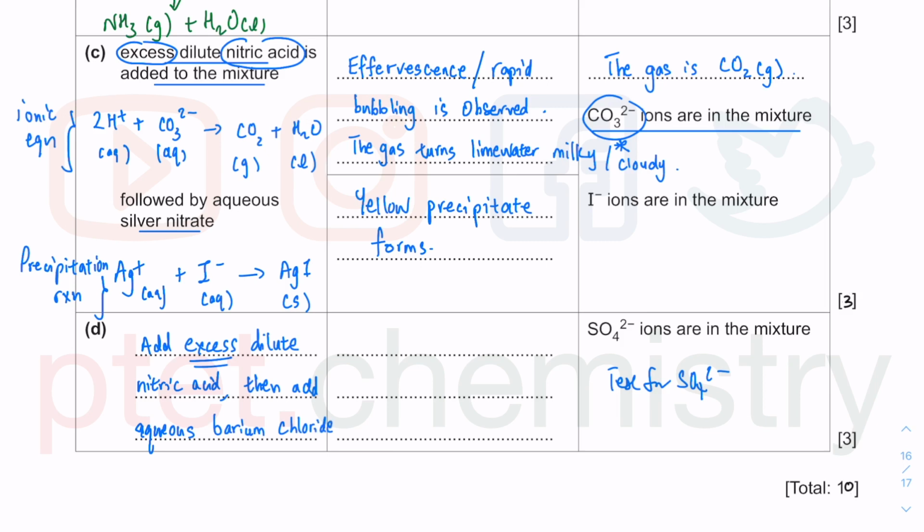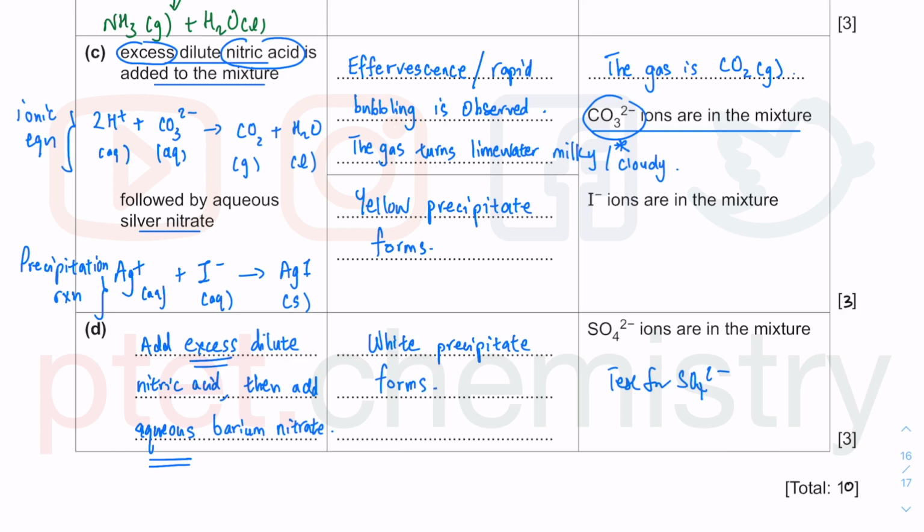I could also use barium nitrate, whichever one you want, but it has to be an aqueous solution. Then what happens is you get a white precipitate. Because we already ruled out the carbonate, since we already reacted all the carbonate, the white precipitate formed here is a result of the barium sulfate.